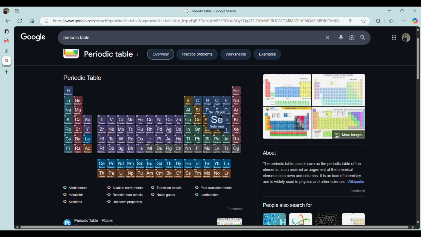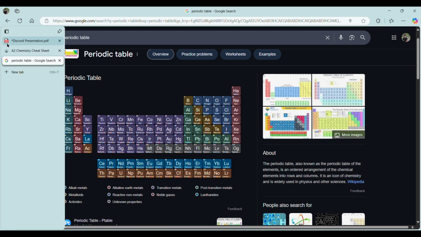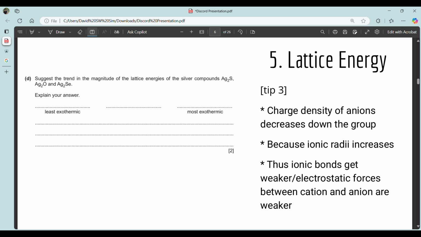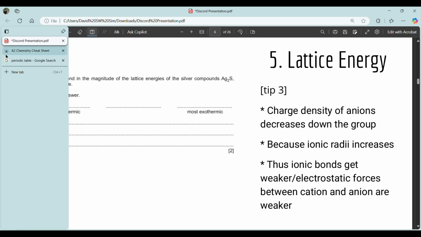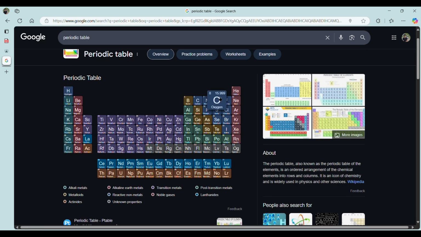Alright, as we can see quite clearly from our periodic table, oxygen is right up top, followed by sulfur, and then followed by selenium.